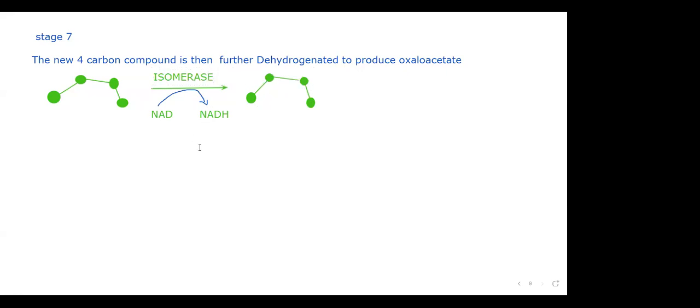Okay, so both are 4 carbon. This is also 4 carbon, but we call it by the name oxaloacetate. So there'll be a product.